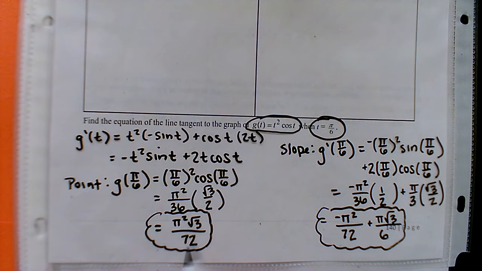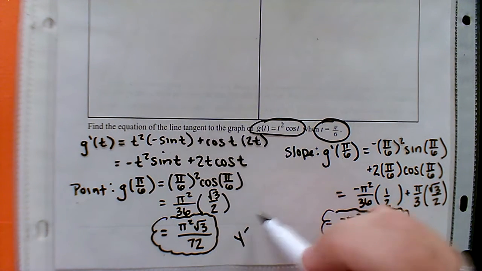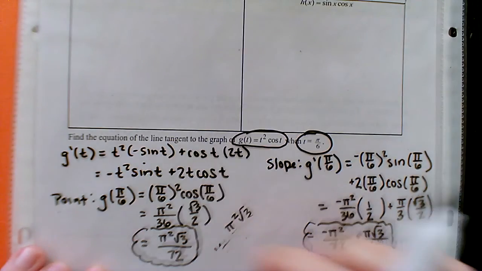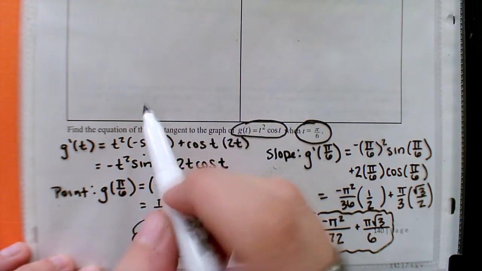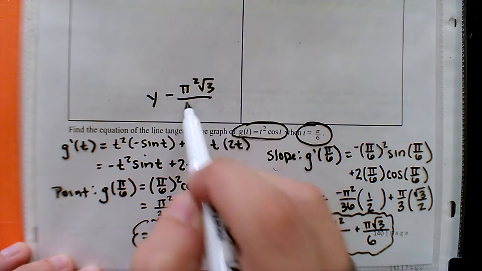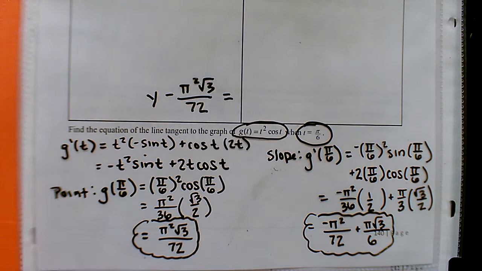Okay, so somehow we got to bring together this crazy point value and this crazy slope value and write our equation. So we need y minus the point. I'm running out of room. Sorry, guys. I'm going to write it up top. Y minus the point equals the slope.